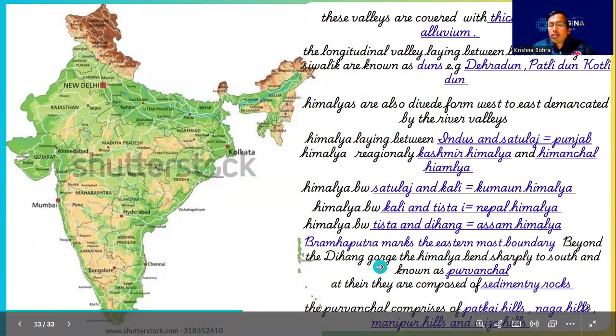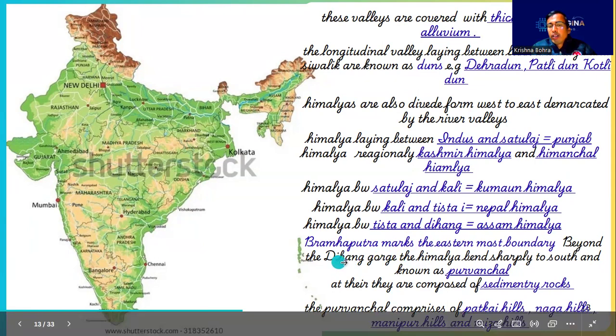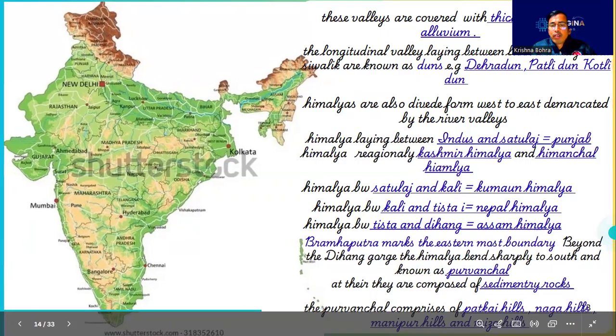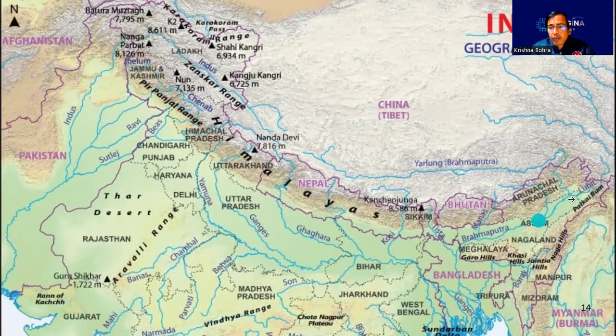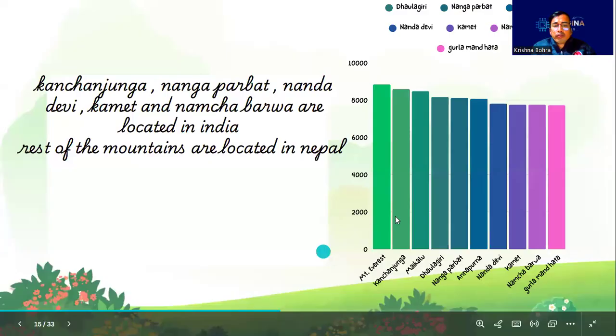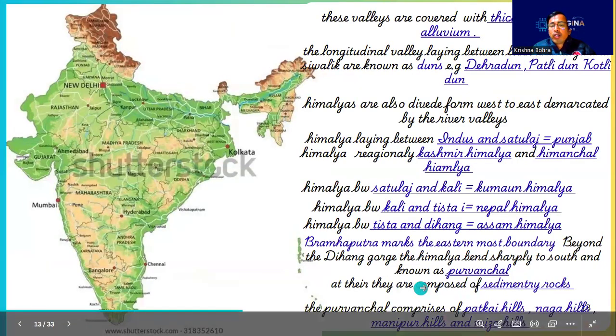Beyond the Dihang Gorge, a gorge is basically a valley eroded by the rivers, the Himalaya bends sharply to the south and is known as Purvanchal. If you look at this particular place, after this is the Brahmaputra river, and these particular Himalaya bend towards the south. Okay, so these particular Himalaya, especially the Shivalik, is composed of sedimentary rock. What is sedimentary rock?